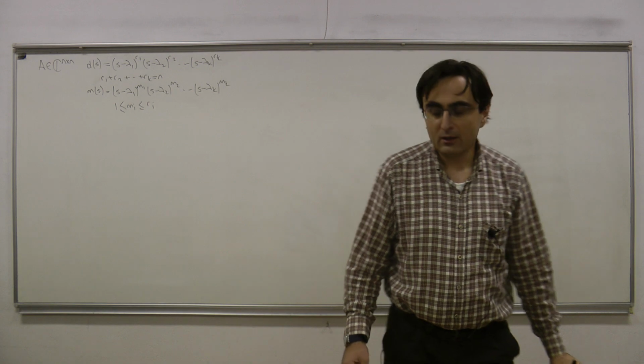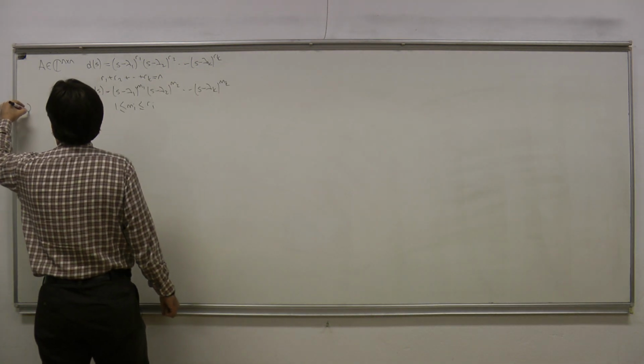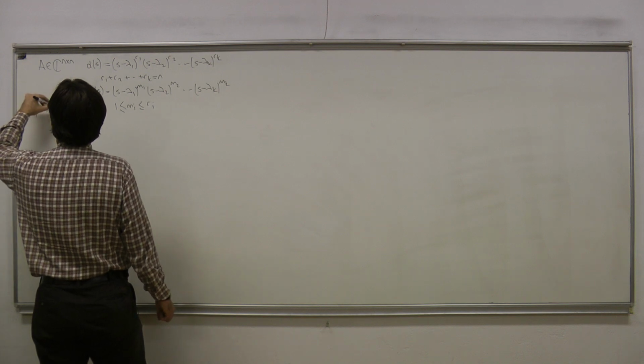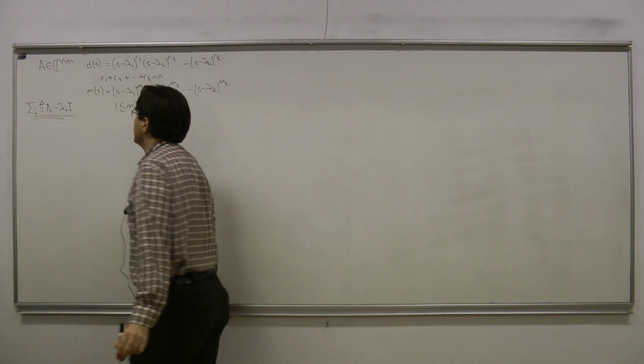Then we have defined the following matrices: sigma I as A minus lambda I identity. This is our definition.